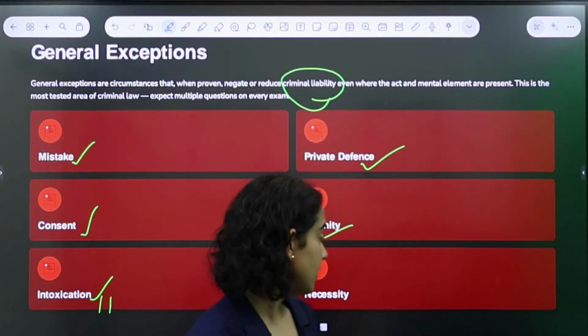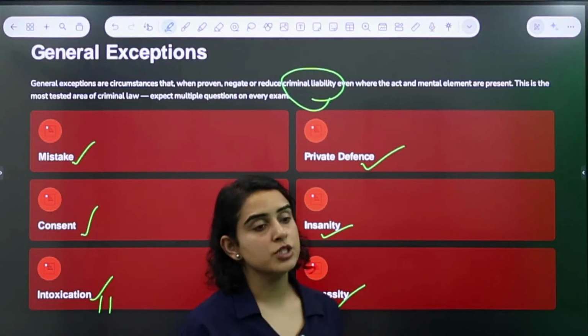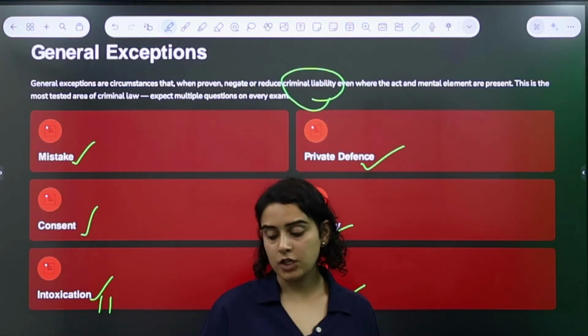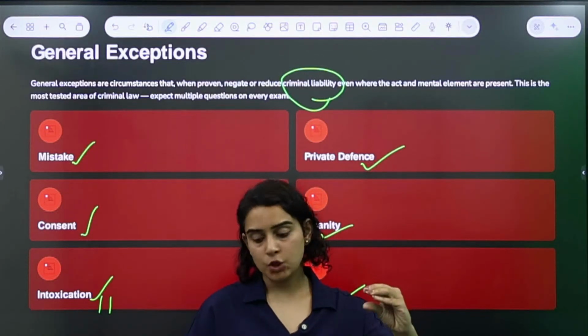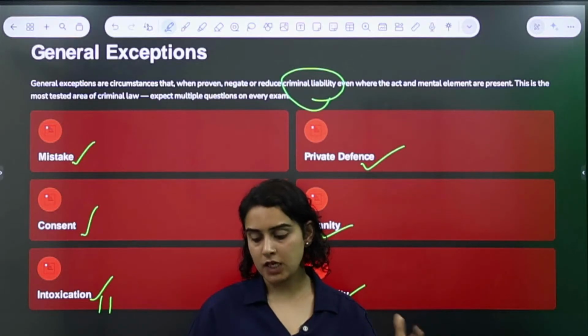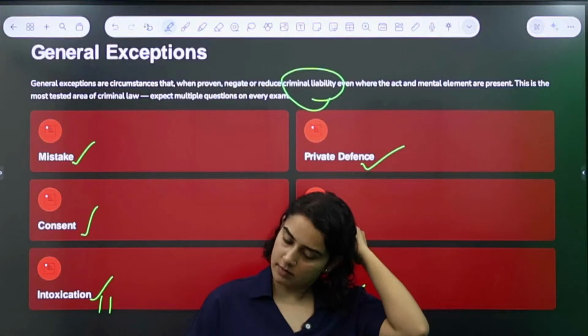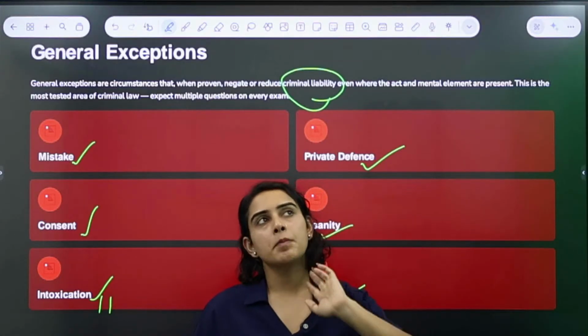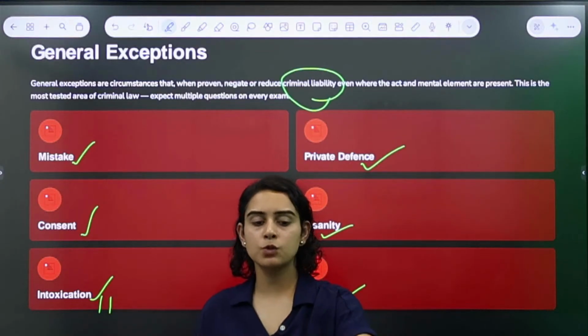Okay. Last is necessity. Necessity is a situation where you do a smaller harm to prevent a bigger harm. Let's say a person is driving on the road and he sees that there is a kid who's crossing the road.